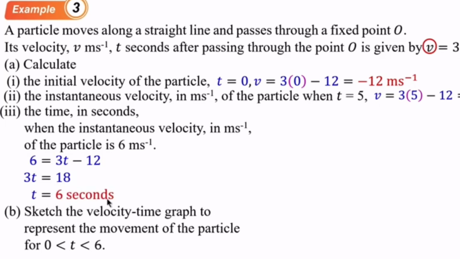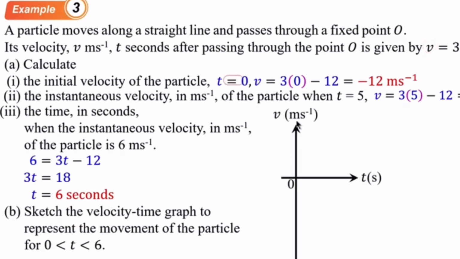So it's quite simple. For part B, we need to sketch the graph of velocity against time. Since the function is linear, it's a straight line, right? We substitute: when t is 0, v is negative 12.